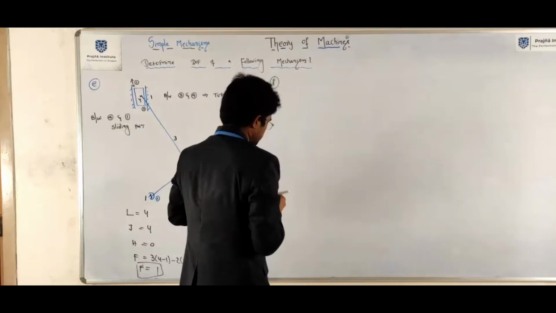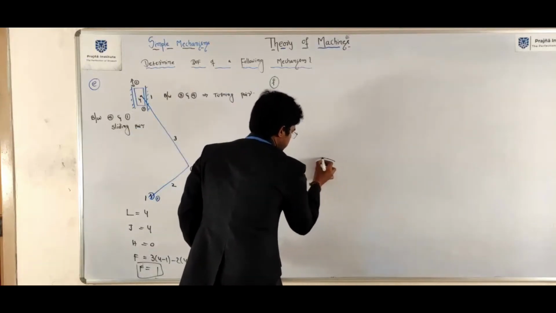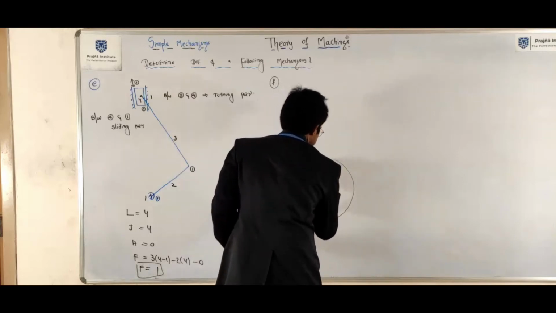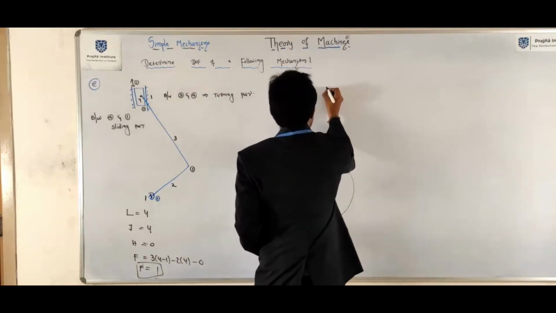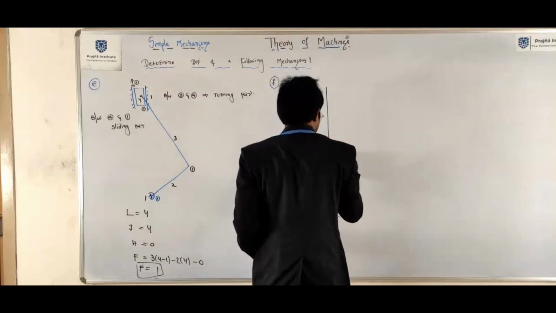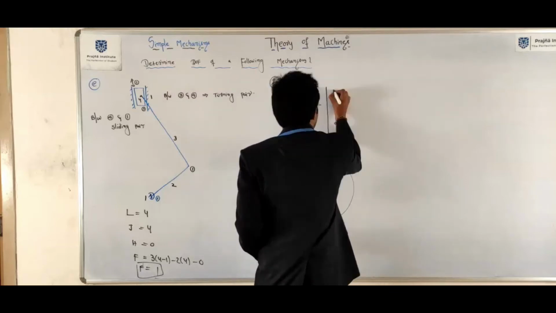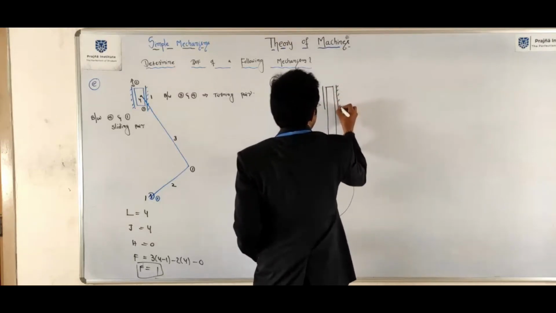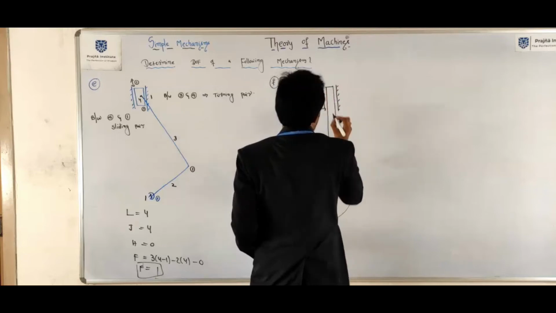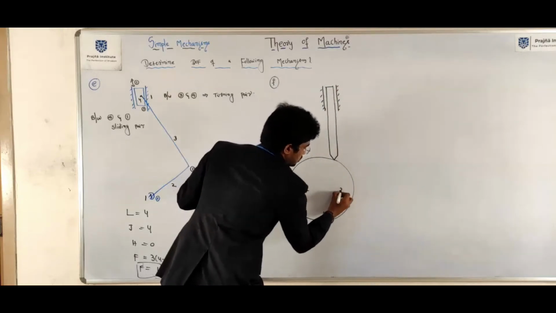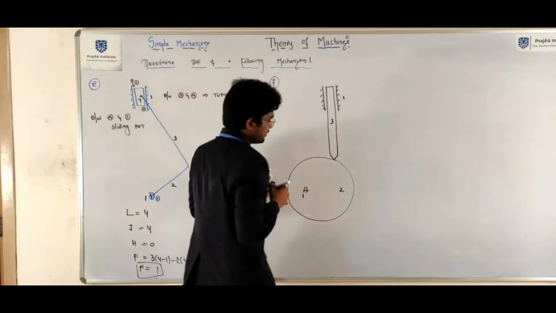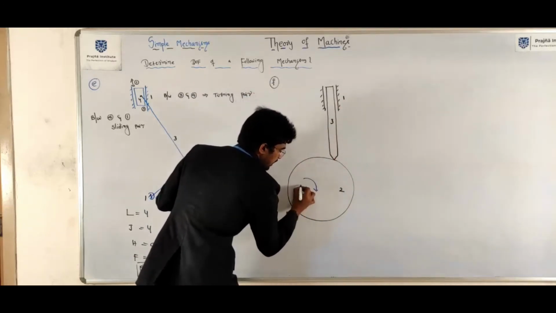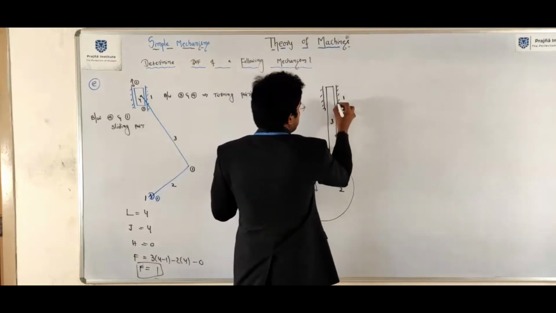See here. Okay. So, 1, 2, 3, 1. Between 1 and 2, turning pair.